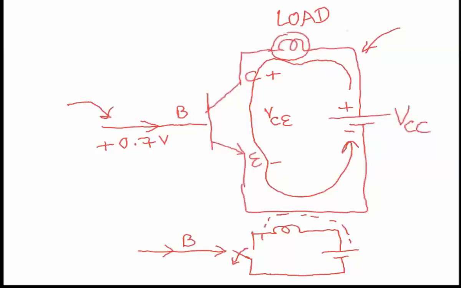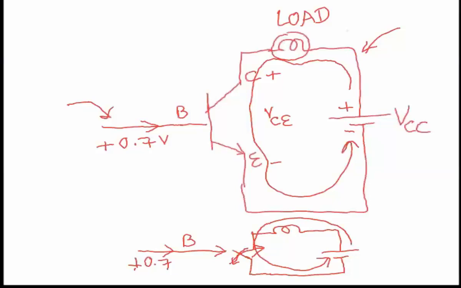But once you close that, that means once the base reaches 0.7 volts, now the transistor is acting as a closed circuit. Now you're going to have full current flow on this side.